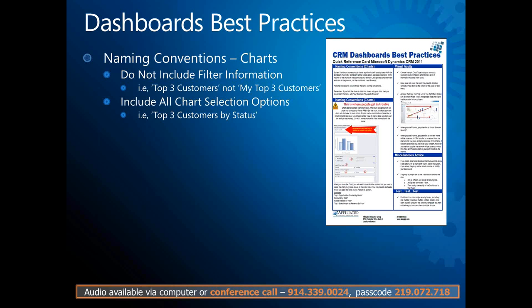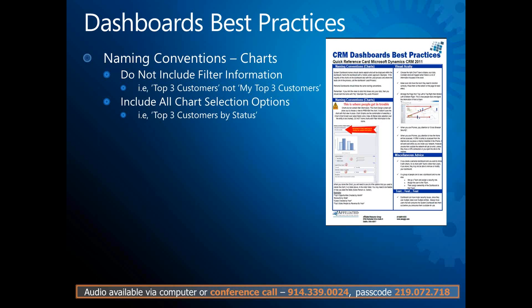For example, when you create a chart, if you want to show the top 3 customers or top 10 customers or top 25 customers in a given chart, but you only want to see that for the particular dashboard that you're building, you only want to see it for your top 3 customers, build the chart so that it includes information about what you're going to see, but not the filter on the who or the basic information that you're trying to display. So let me show you an example.